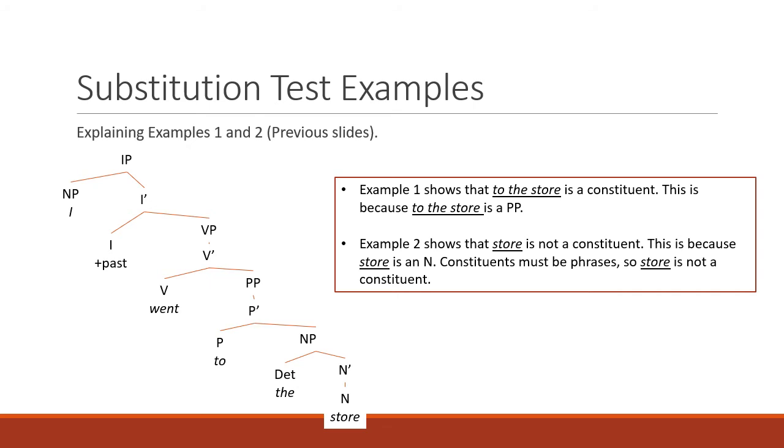"Went to the store" is another constituent because that is a verb phrase. Example 2 shows that "store" itself, though, is not a constituent because it's an N, but it's not a phrase, right? So "the store" is the noun phrase at the bottom there. So you can see how these are getting embedded within each other. You've got a noun phrase within a prepositional phrase within a verb phrase within a sentence.